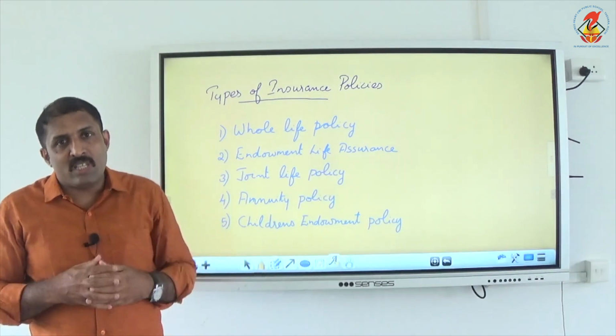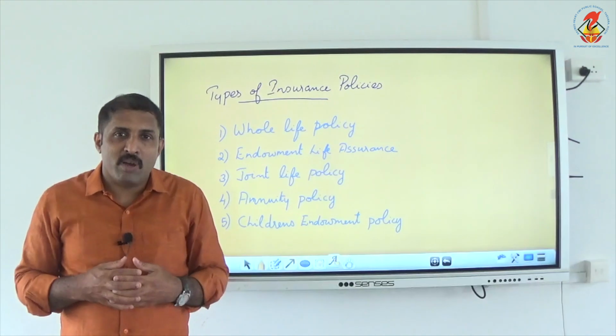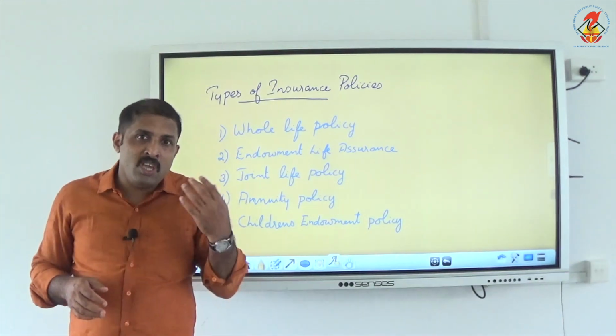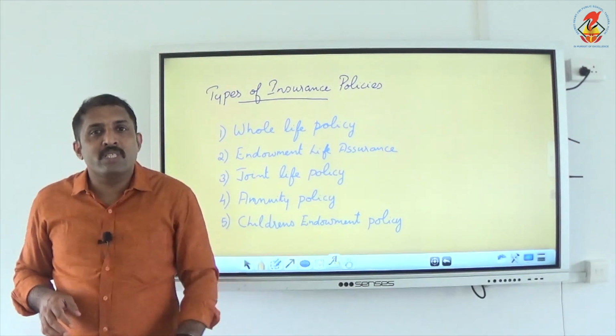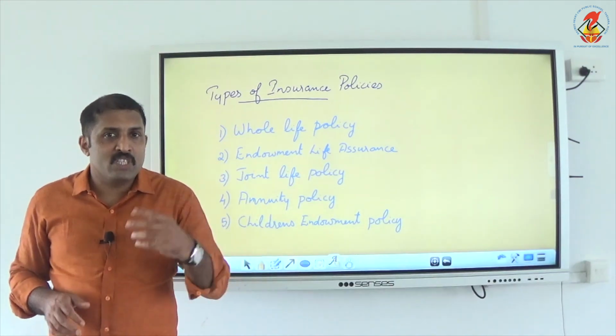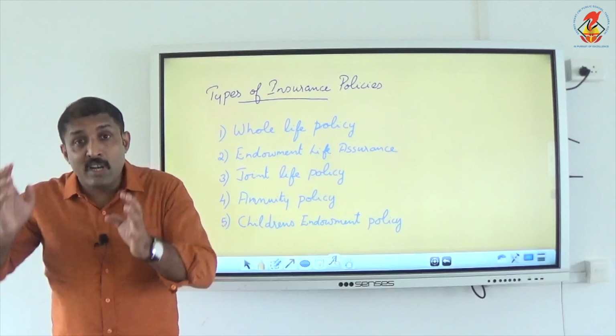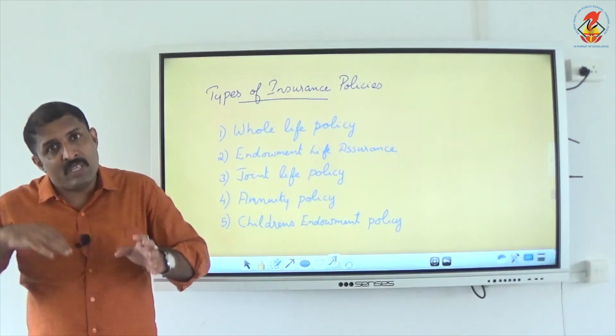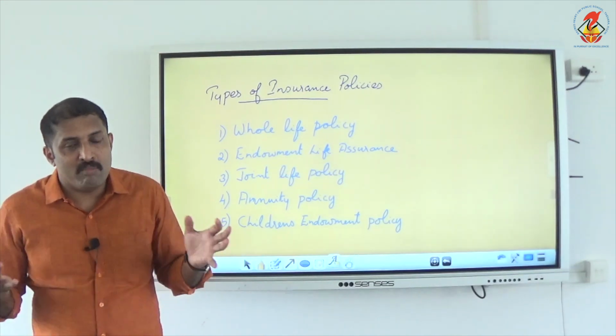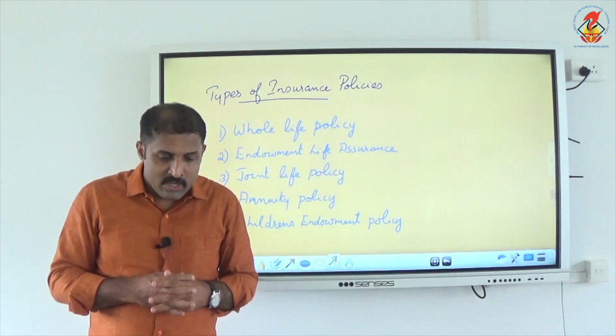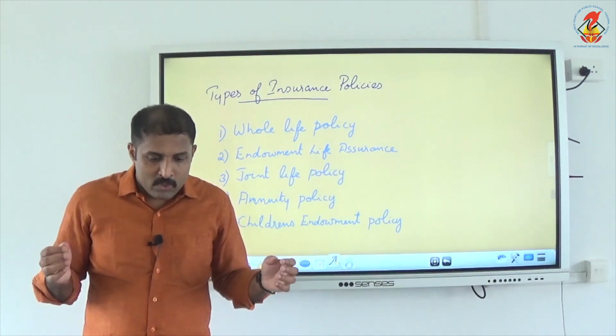Say 60 is the age fixed by the insurance company. So, before 60, if death of the assured happens, the beneficiaries will receive the amount. Otherwise, if the assured is still alive after 60 years of age, the assured will receive a lump sum amount.